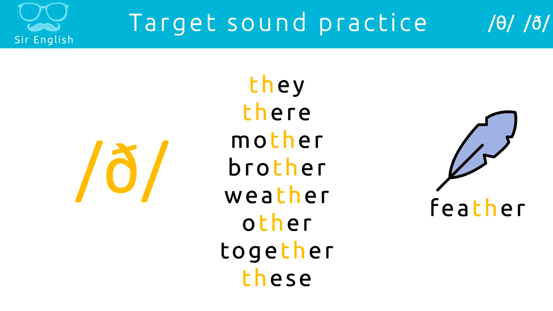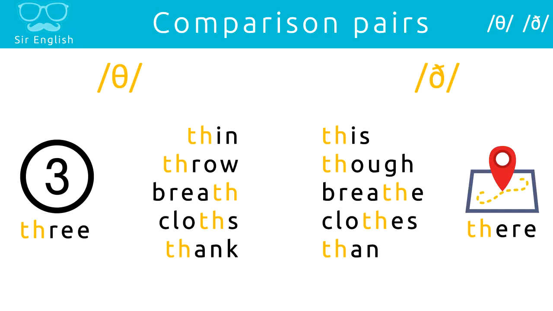So I hope those exercises have helped you to produce the sounds more clearly. Now let's move on to the next part, the comparison pairs. On the left, we have words containing the unvoiced sound, and on the right, we have words containing the voiced sound.